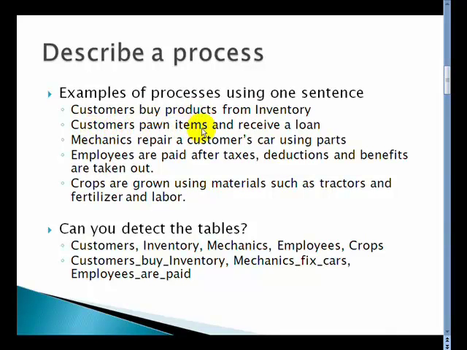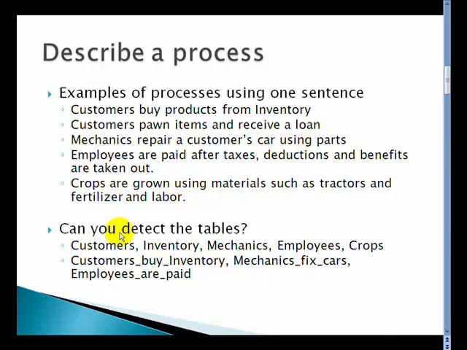Customers pawn items and receive a loan for the items that they pawned. Mechanics repair cars using parts. Employees are paid after taxes, deductions, benefits are taken out. Crops are grown using material such as tractors and fertilizer or labor.